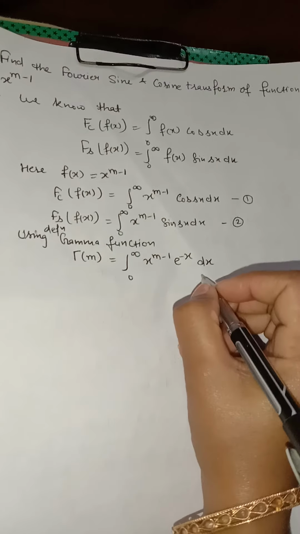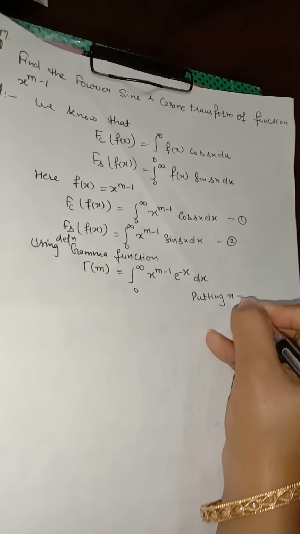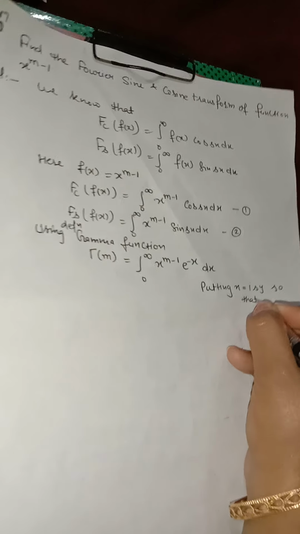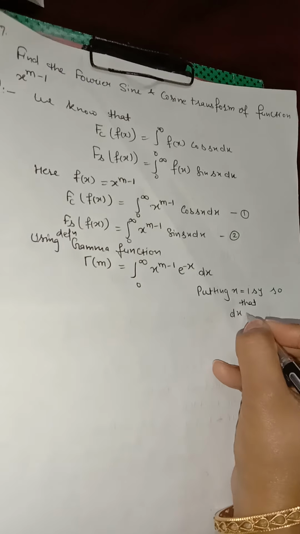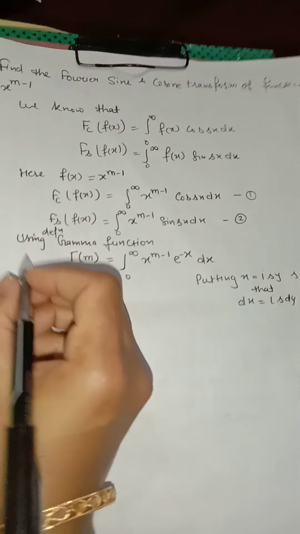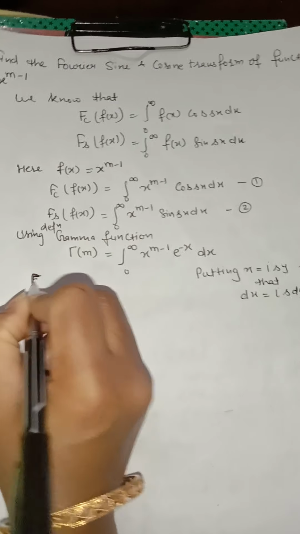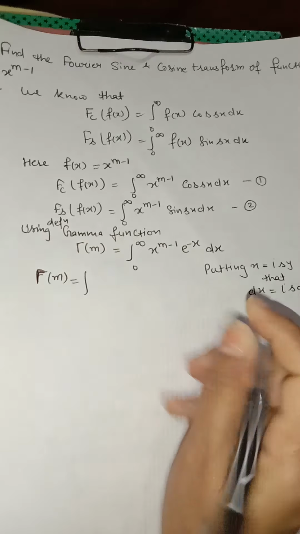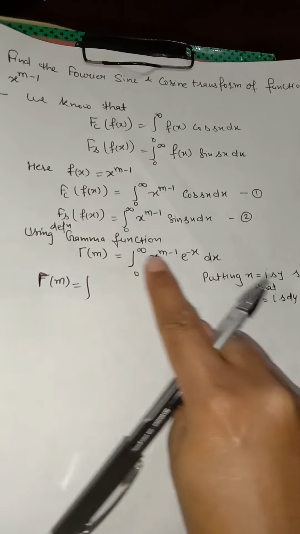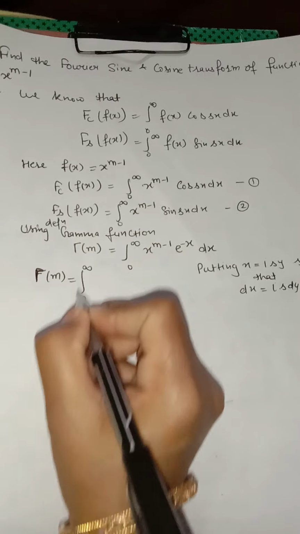Now putting x to iota sy, so that dx, derivative of x is ds and derivative of y is dy. Now changing the function, when x is 0 y is also 0, when x is infinity y is also infinity, then there is no change in the limit.